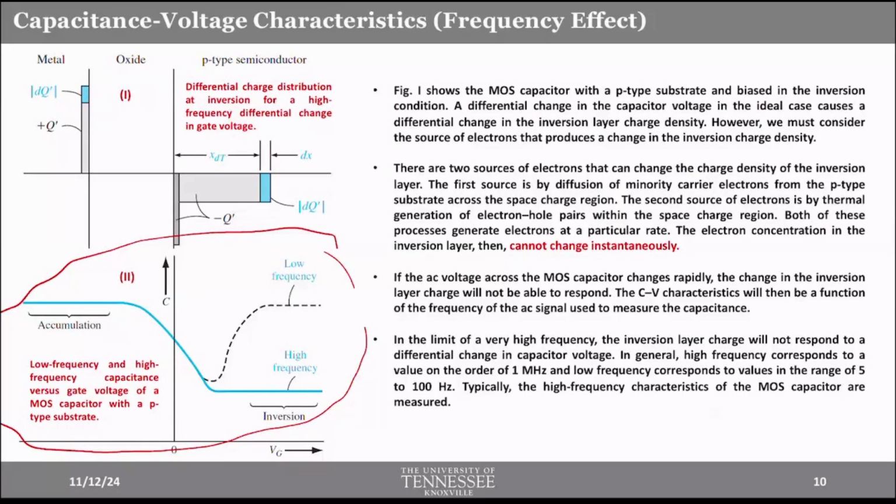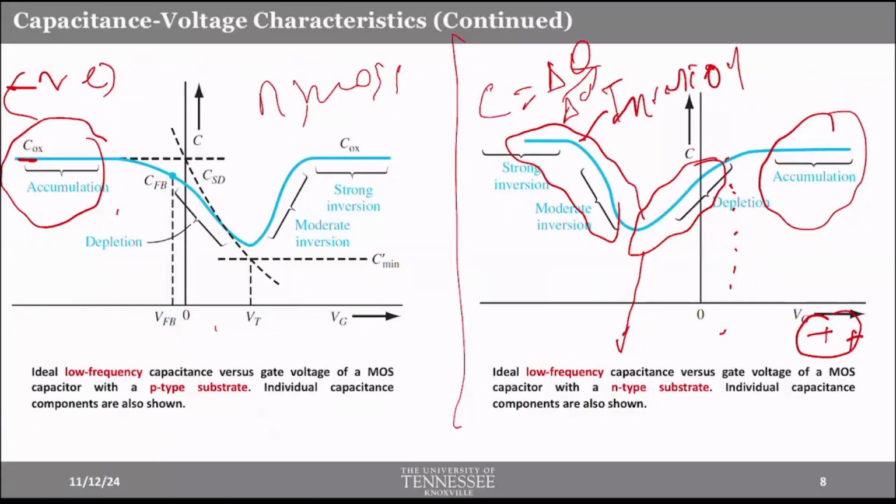So if I ask you to find this graph in your lab, what will you do? You will apply different voltages and measure the capacitance. How will you measure the capacitance? You will measure the change of charge, right? Think about it.